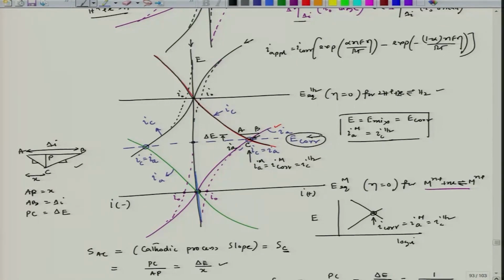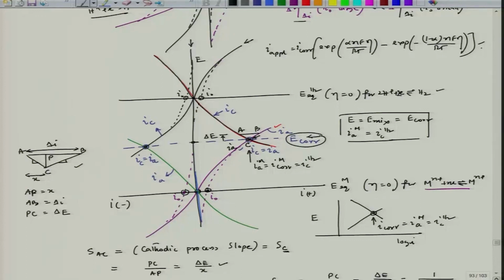we could see that the equation is validated, because here it was I0 in this particular case, and in the hydrogen case this was the I0, but at this steady state Ecorr potential, these two current densities are equal. So I could have an equivalent equation for the anodic and cathodic cases at steady state Ecorr.